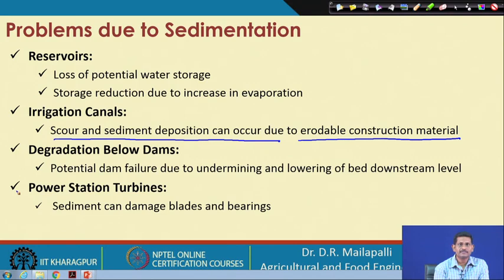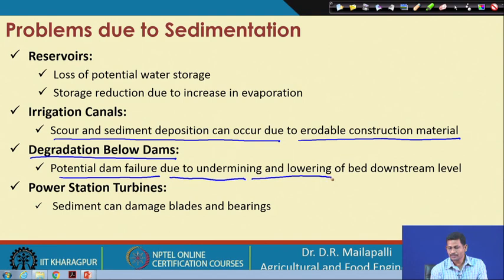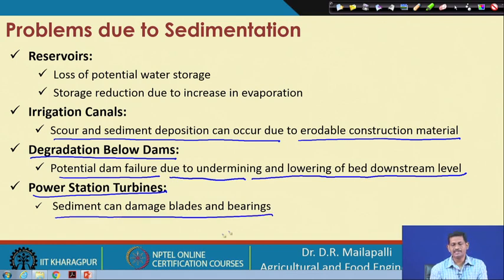So again the canal capacity will be reduced, and degradation below dams. So potential dam failure definitely influences the quality of water downstream of the dam, and its low lying bed stream level. And in power station turbines, sediment can damage the blades and bearings.